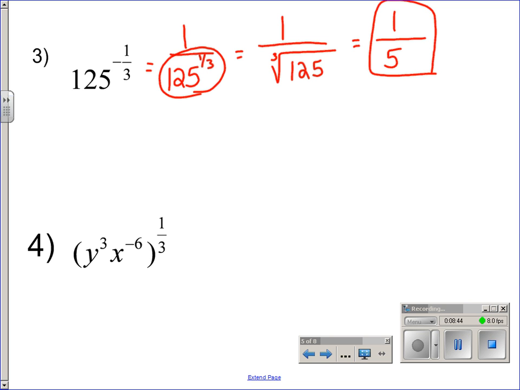So let's look at number 4. Now we have variables in here, but what do we have? We have power to a power. So we can just multiply. So y to the what? What is 3 times 1/3? Right, 1. So y to the 1, or you can just leave it as y. Now do x. Negative 6 times 1/3 gives you what?